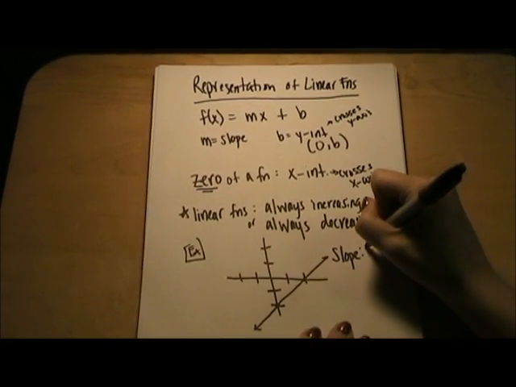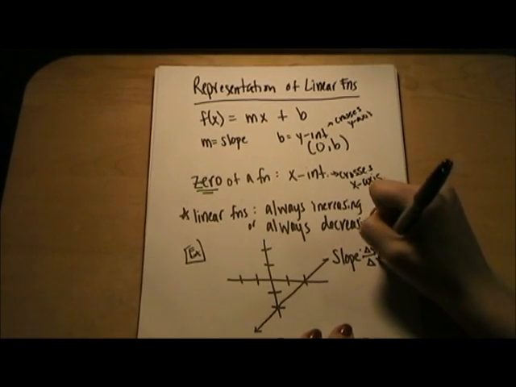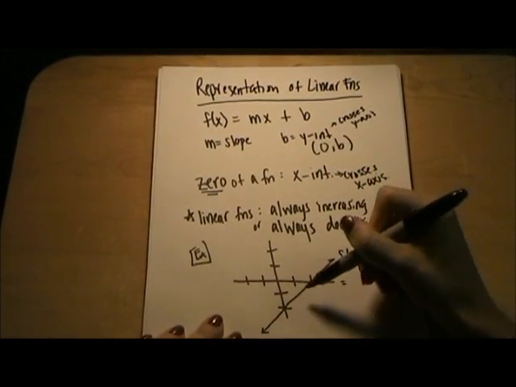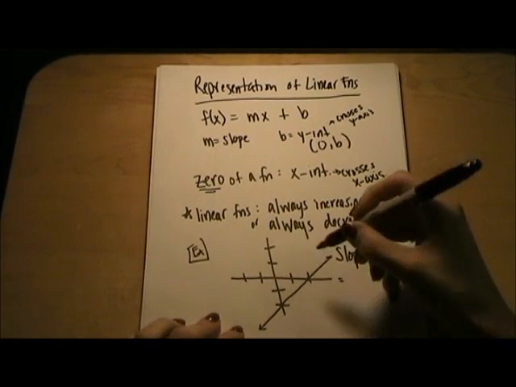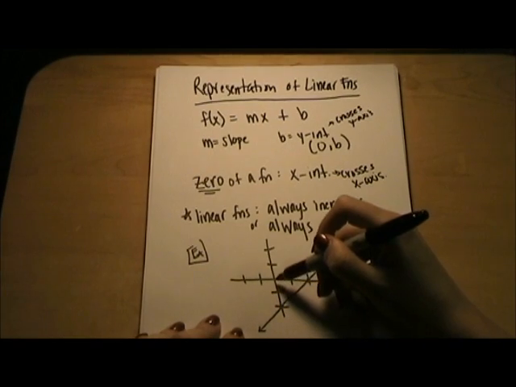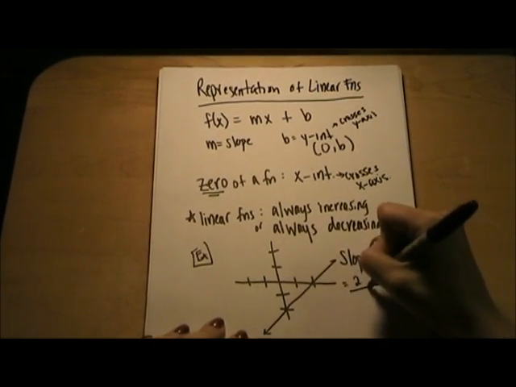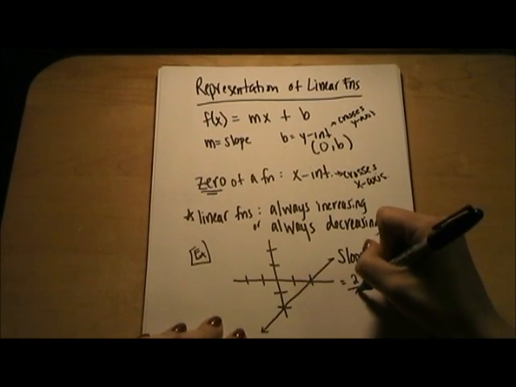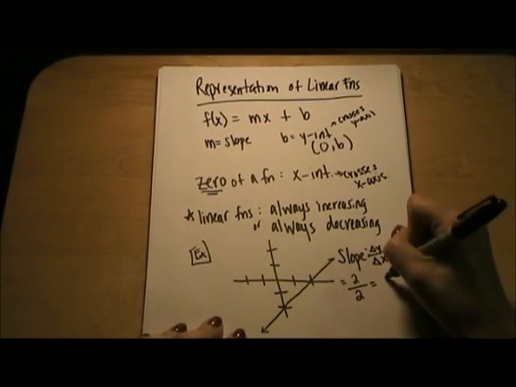Remember, slope is change in y over change in x. Going from this point to this point, we are going up 2, and then we are going to the right 2. So our slope is 1.